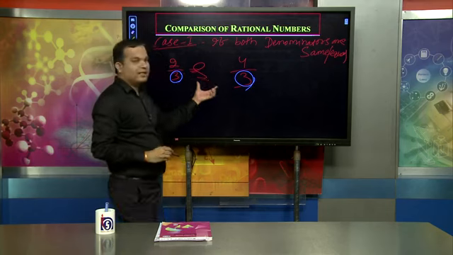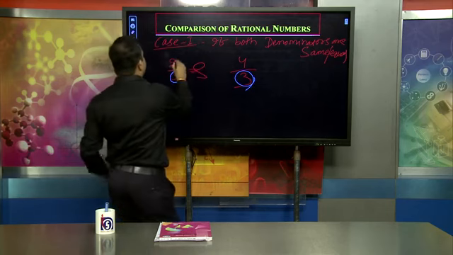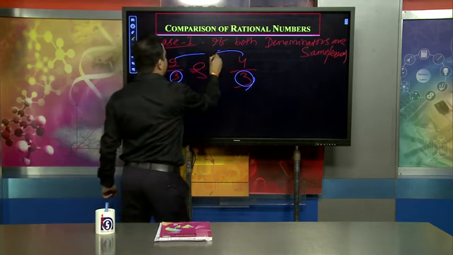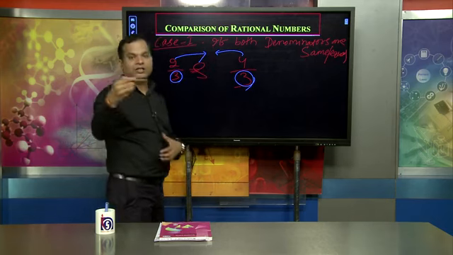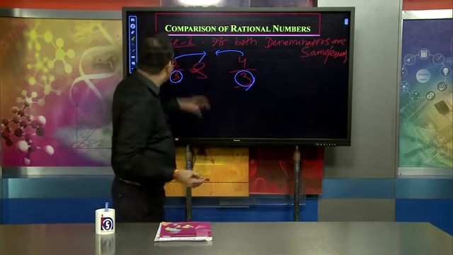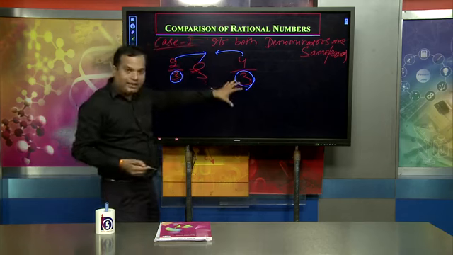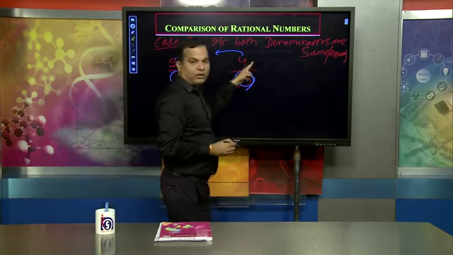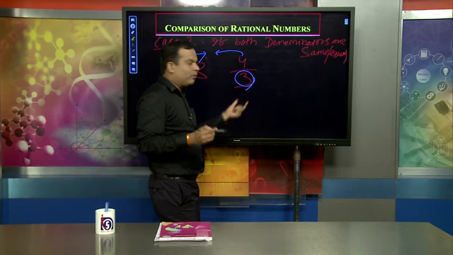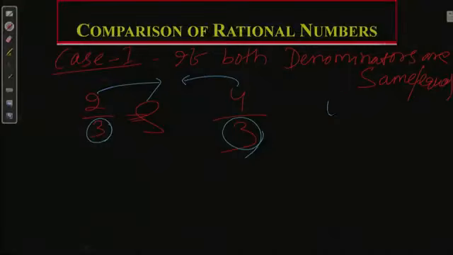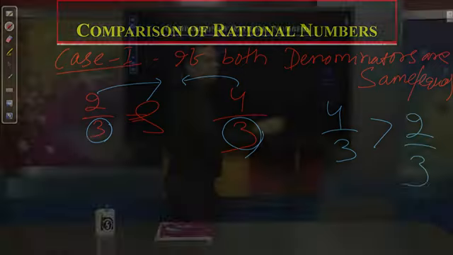In that case, we will compare numerator with numerator. Greater the numerator, greater the rational number. In 2 by 3, 4 by 3, 4 is more, so 4 by 3 is greater than 2 by 3. That is the simple funda.